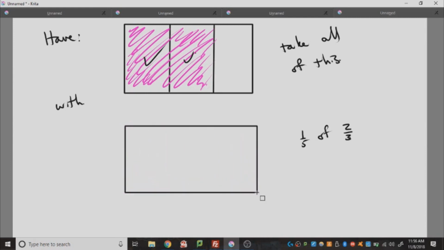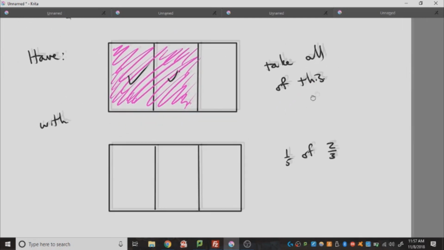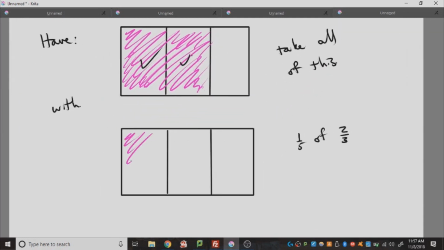So we then have to, no, I never had it. Only of what I had. Yes, which is why my check mark was a little unfortunate. Only of what I had. So let's say, I'm just going to leave it like that. So now, in order to figure out what is 1/5 of that, to add on top of a whole portion of what I had, different uses, so be careful.